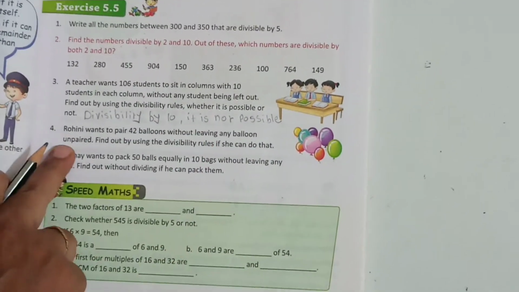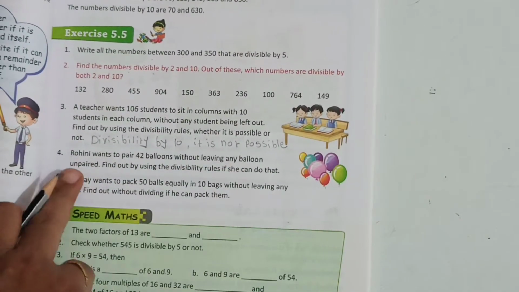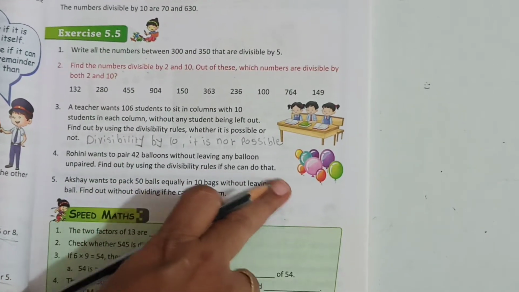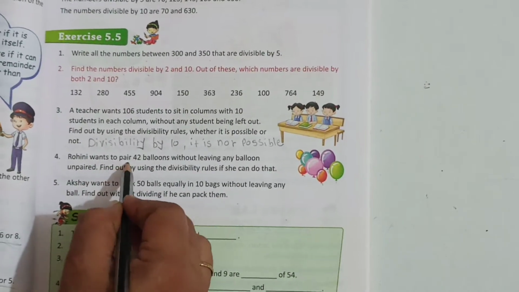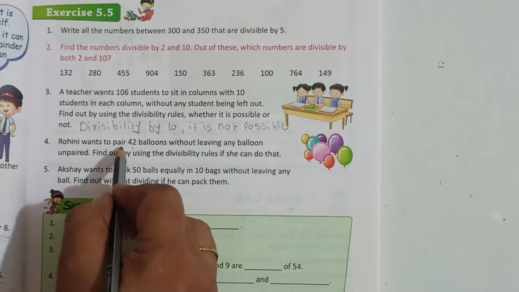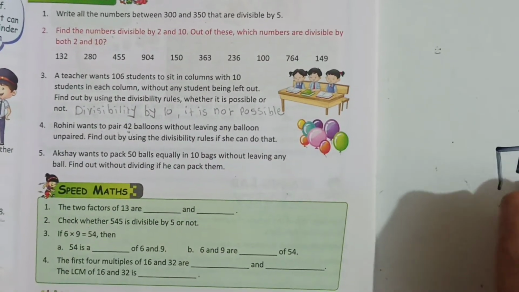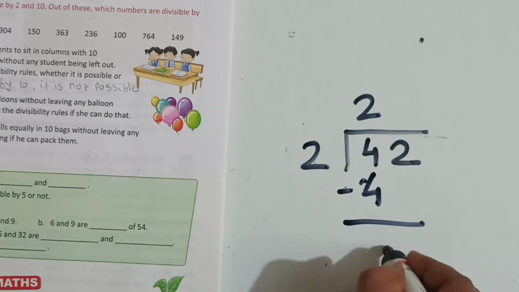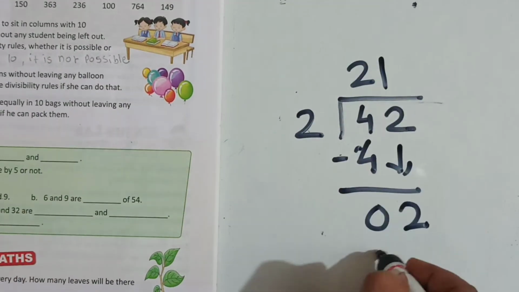Now next, Rohini wants to pair 42 balloons without leaving any balloon unpaired. Find out by using the divisibility rule if she can do that. See here children, we have to make pairs of 42 balloons. Pairs of 2 means 42 divided by 2. 2 2s are 4. 4 minus 4, 0. Then we take this 2 down and 2 1s are 2.